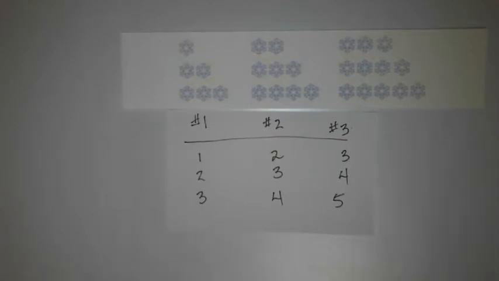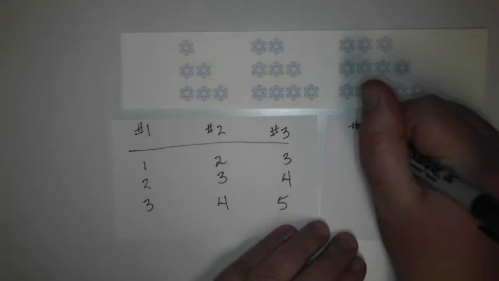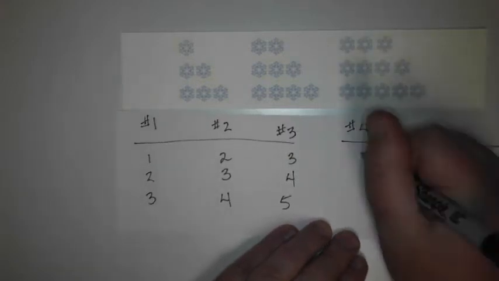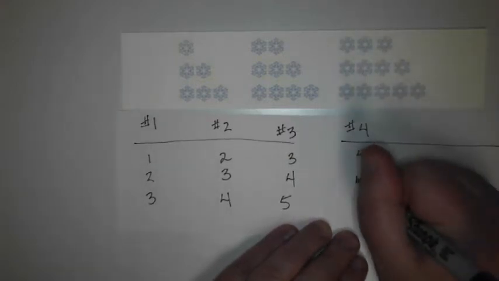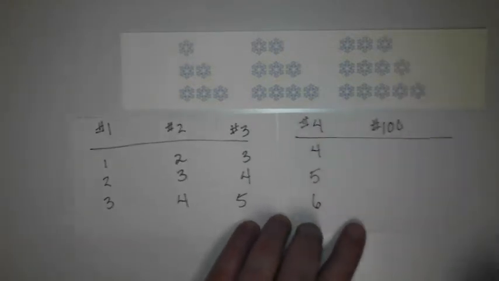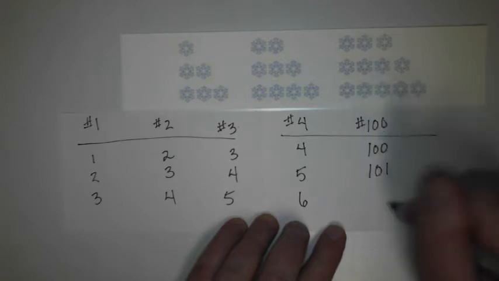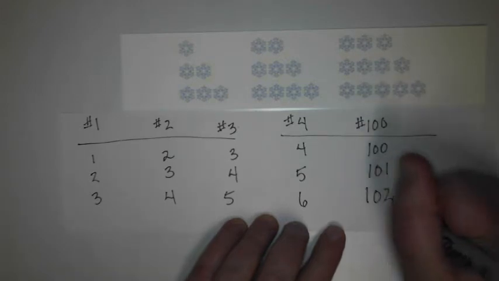So now describe to yourself in each row, in picture 4, how many snowflakes would be in row 1, in row 2, and row 3. Picture 4 would have 4, 5, and 6. So what would picture 100 have? Picture 100 would have 100, 101, and 102 snowflakes.